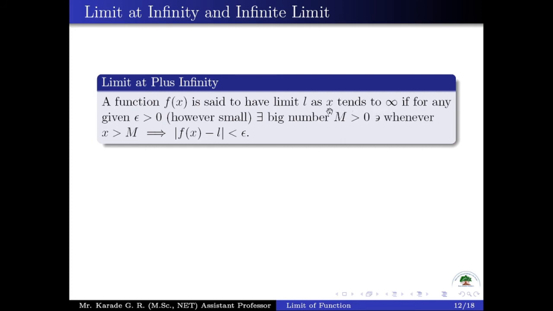So limit of f of x is L means functional values of function f of x approach L when x becomes larger and larger.